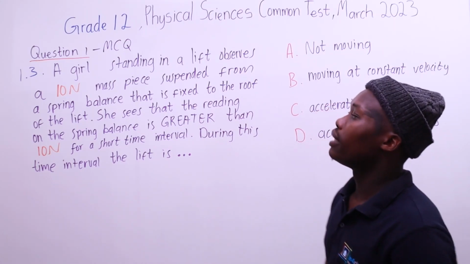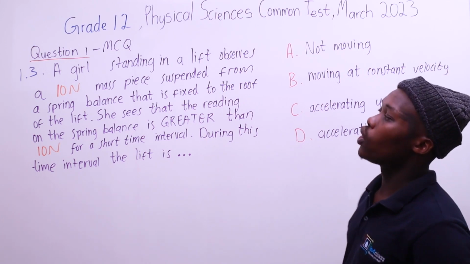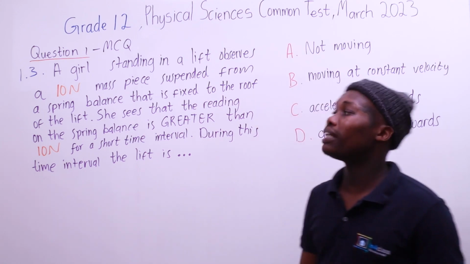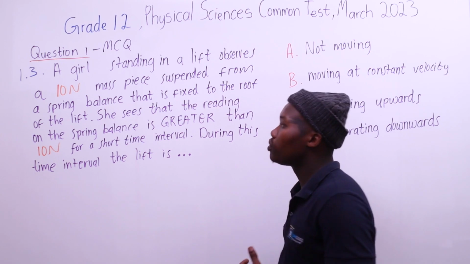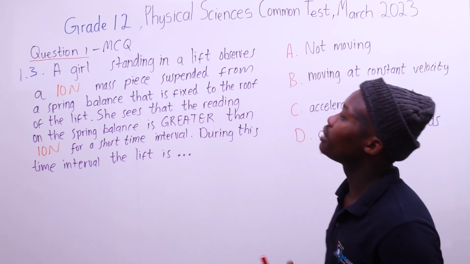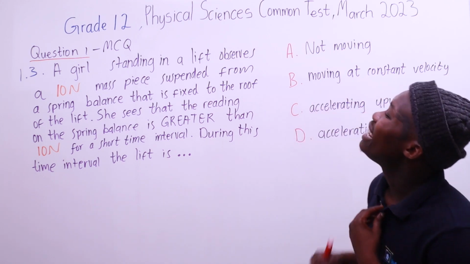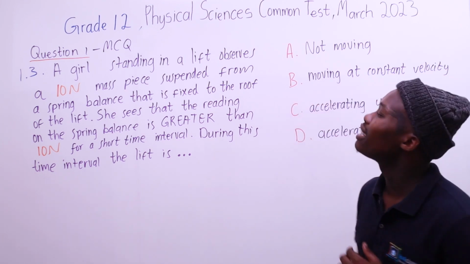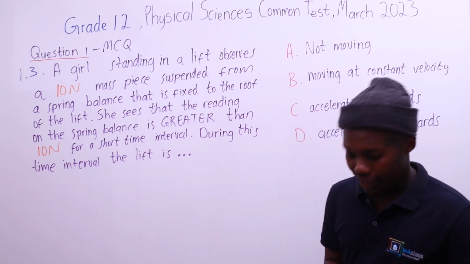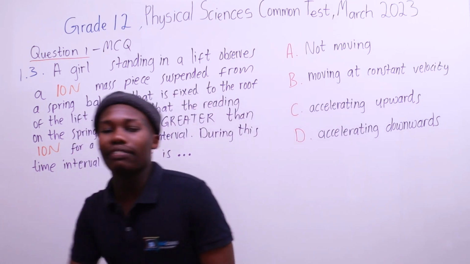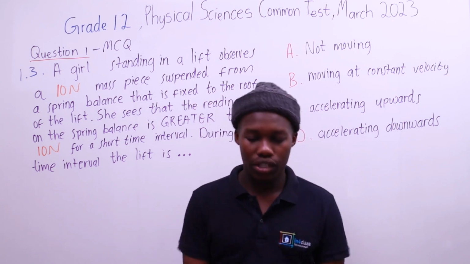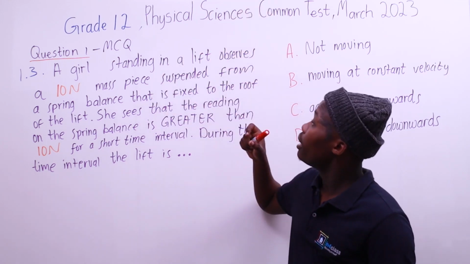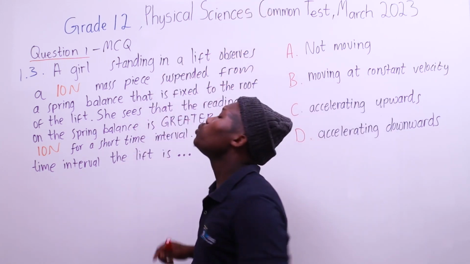Alright, so a girl standing in a lift observes a 10 Newton mass piece suspended from a spring balance that is fixed to the roof of the lift. This means the person is in a lift, an elevator, inside like this. At that time, she sees the mass piece hanging, and it is written that it is 10 newtons.